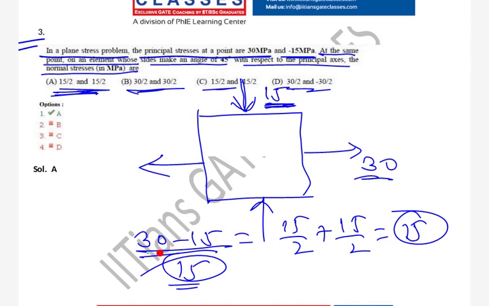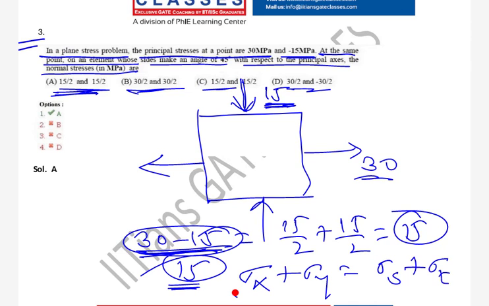So 30 minus 15 summation is how much? What was my hypothesis? Sigma x plus sigma y is equal to sigma s plus sigma t, right? So only A answer satisfies this condition. That is the one way.